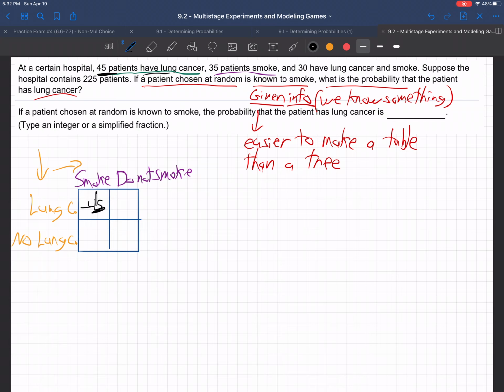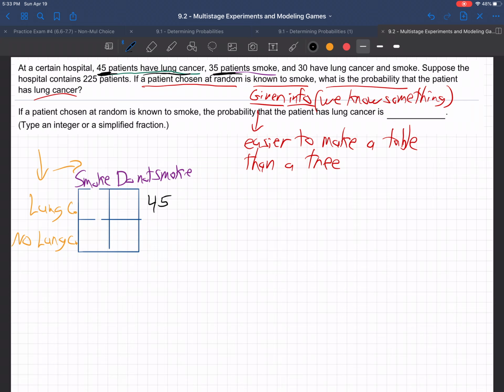See how that's the intersection of smoke and lung cancer? That's not what they said. They said 45 patients have lung cancer. Some of them smoke, some of them don't. We can't put that there. The 45 has to go out here because it's the total amount of lung cancer patients.